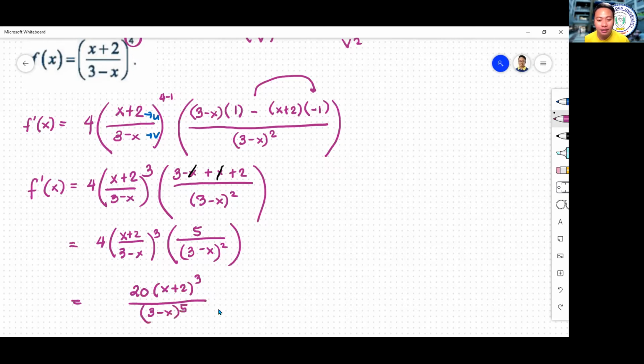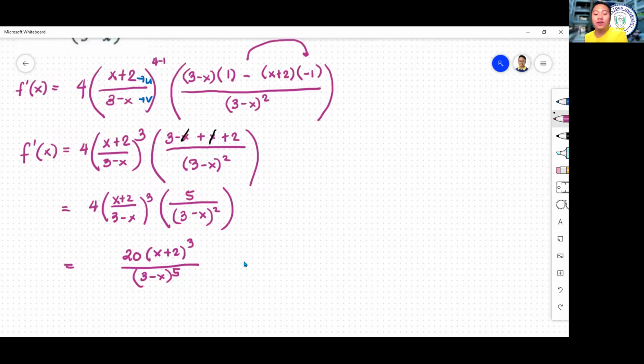Right? Did you get why the numerator is x plus 2 cubed and why the denominator is 3 minus x raised to the power of 5? Let me know if you have any questions. Did you get why 3 minus x raised to the power of 5?